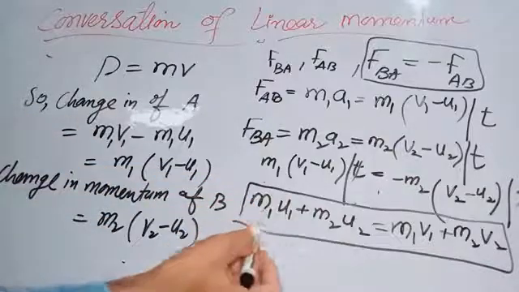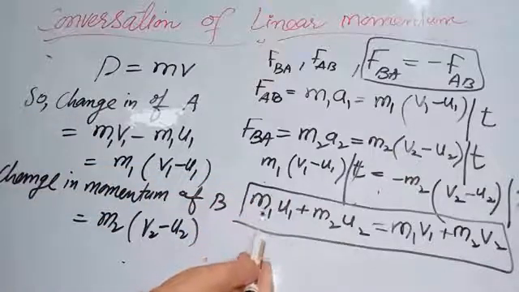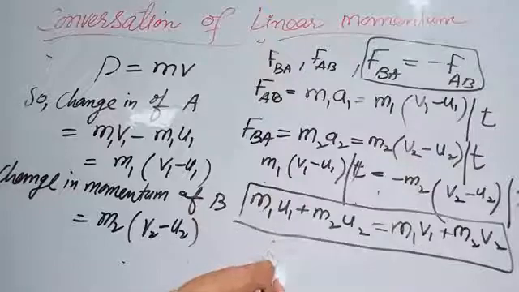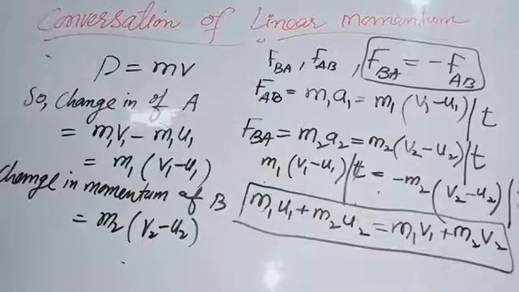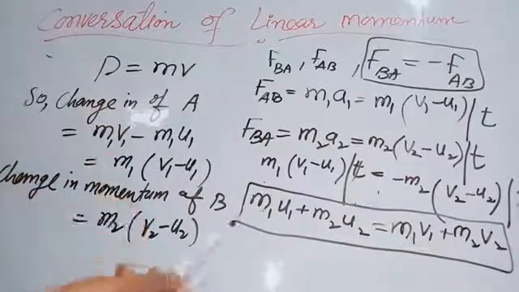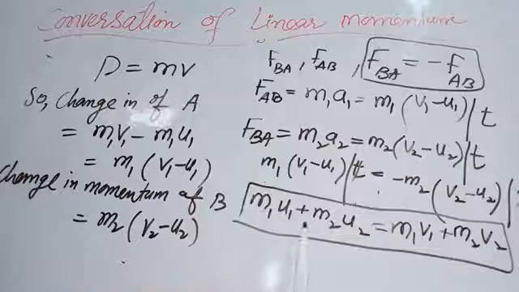So this represents the momentum of objects A and B before collision, and this represents the momentum of objects A and B after the collision. This means that the total momentum before collision is equal to the total momentum after collision.